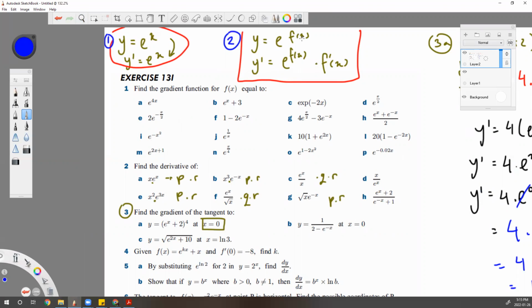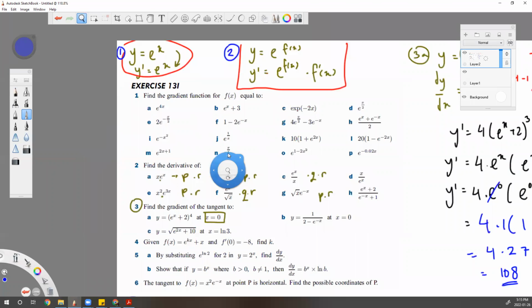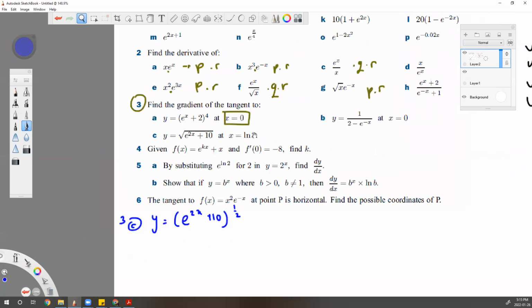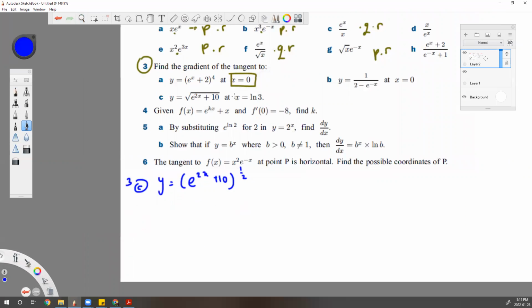Because it's e power a function of x, 2 times x, not x itself. So you use the formula slowly but surely. So I just rewrite 3c for the y: (e power 2x plus 10) power half, right? The value of x equals ln 3 we can use later on. We can skip that part for a while.